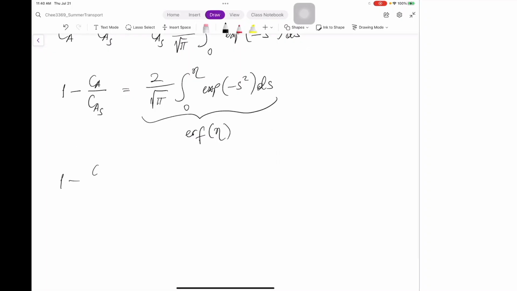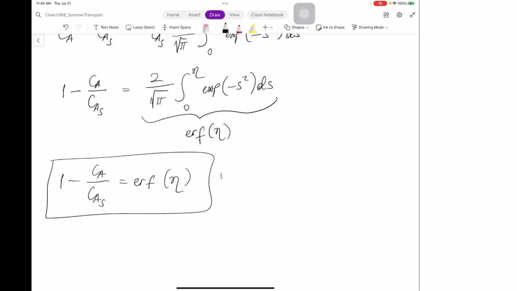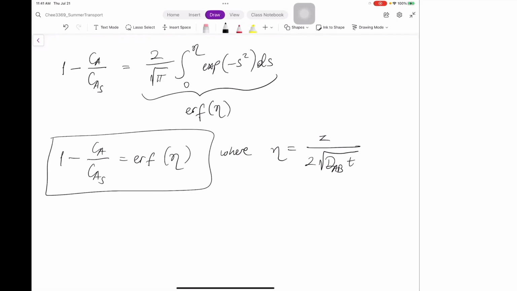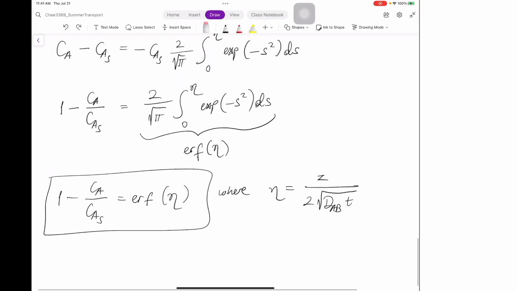So 1 minus CA over CAS is the error function of eta, where eta is z over 2 square root of DAB times t. Now it's easy. If I know z, t, and DAB, I can calculate eta, plug it into this equation, and solve for CA. So that's what we're going to do now for our problem.